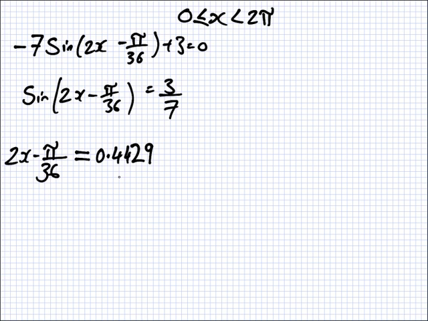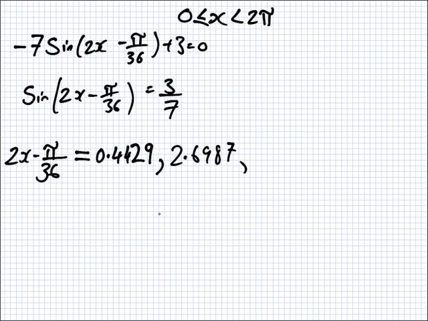Pi minus. Yeah. Remember we said 360 is 2 pi, so 180 is pi. So if we type in the calculator pi minus this number, what do we get? 2.6987. Okay.